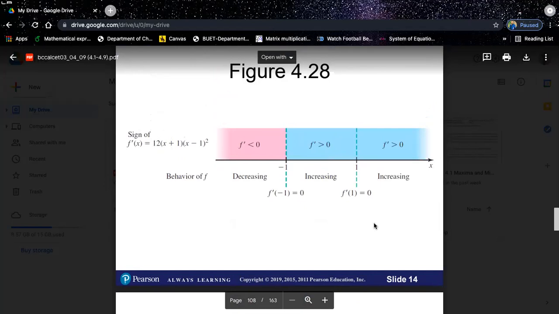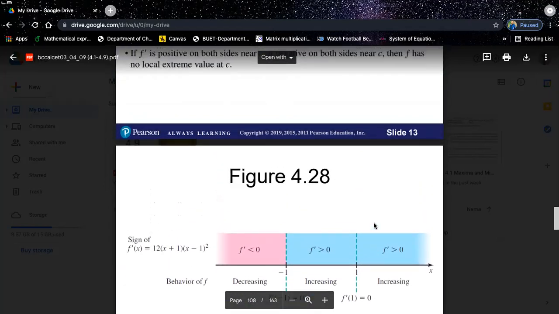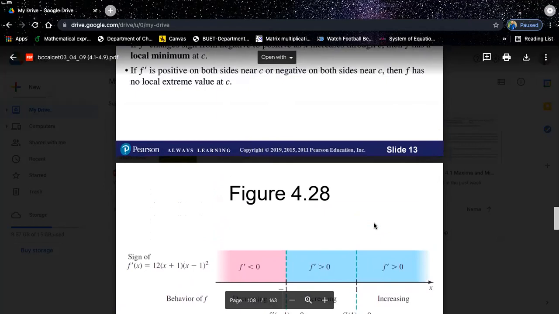So first of all, quick question. What are the critical points of this? It's actually half done. Can you locate the critical points from this slide 4.28? Or how many critical points can you see?